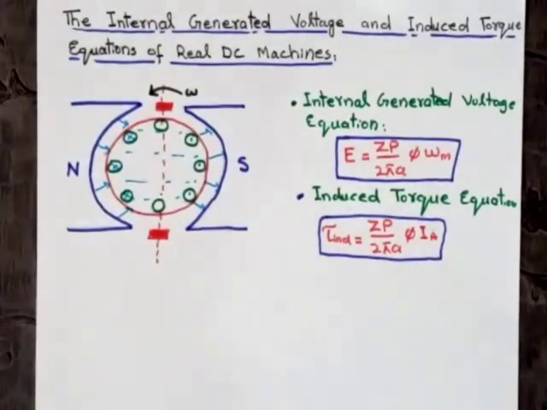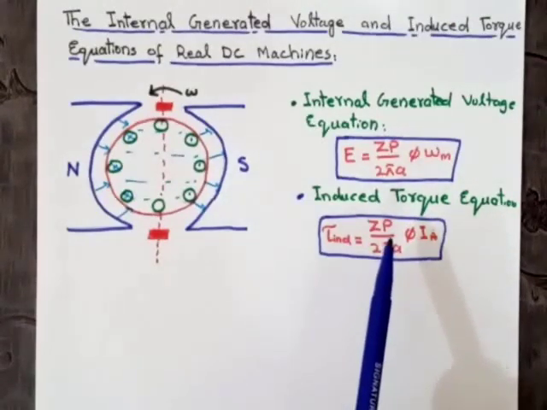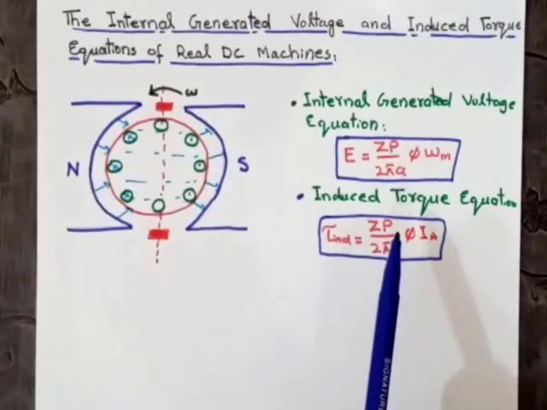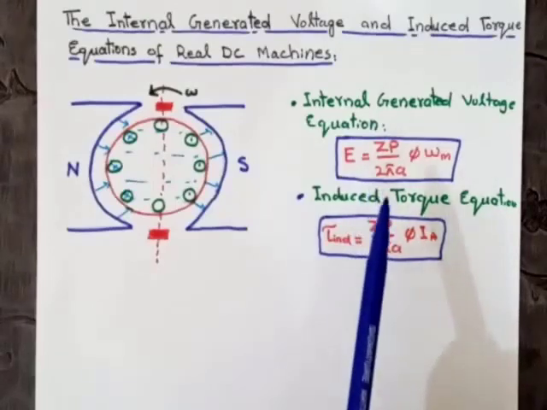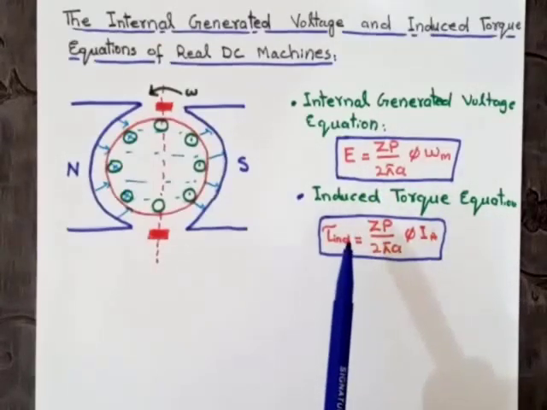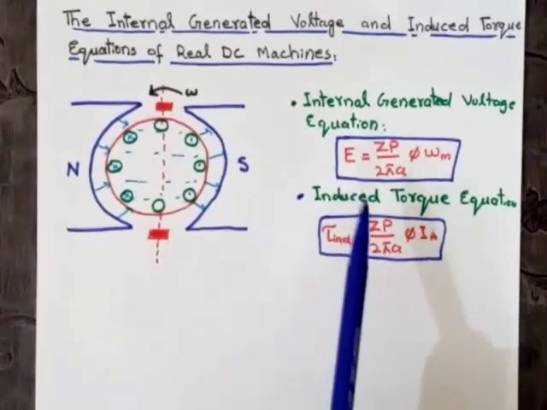Both the internal generated voltage and the torque equations just given are only approximations. The value of the internal generated voltage in real DC machines and the induced torque in real machines are only approximations.